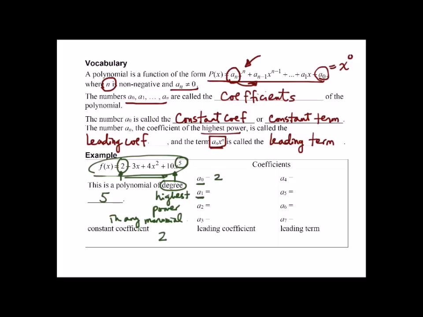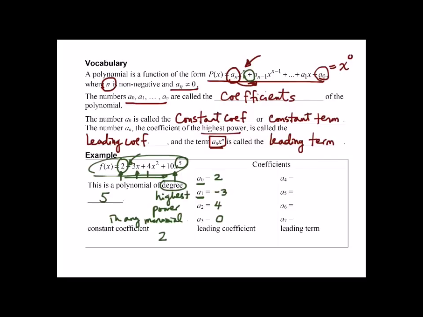The a1 coefficient is the coefficient attached to the linear term, which is x to the first power, and that's negative 3. Always remember to carry the correct sign, because the general formula uses plus signs everywhere. a2 is the coefficient for the quadratic term, which is 4 in this case. a3 is the coefficient for the x cubed term, which is missing in this polynomial, and that means a3 is equal to 0.